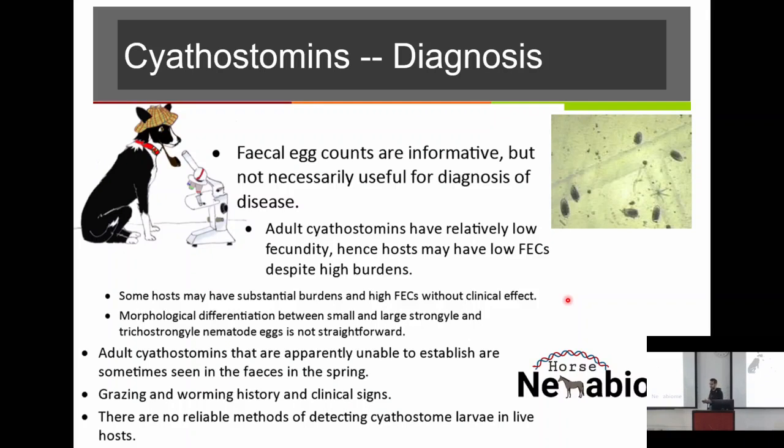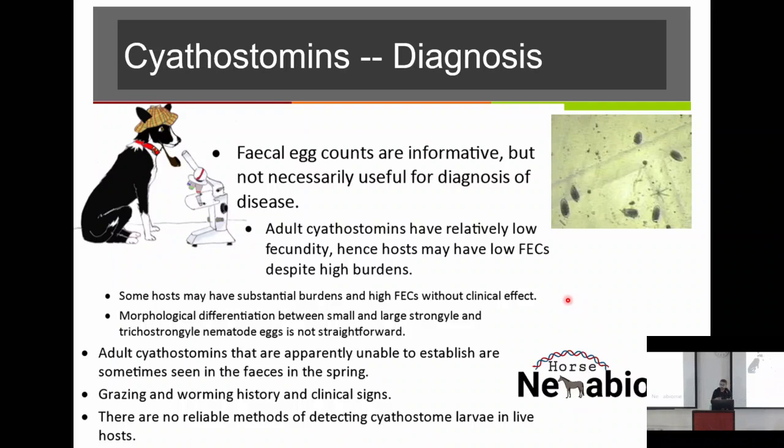So it's vice versa. So you will see the eggs in the feces, but you will not be able to differentiate, based on the fecal egg count, what the disease situation is in the case of cyathostomosis. That's why it is not very straightforward, and also you can't differentiate the Strongyles egg from the cyathostome egg.